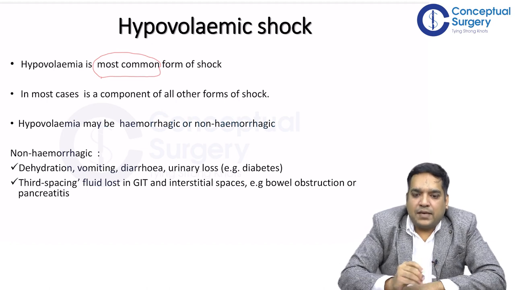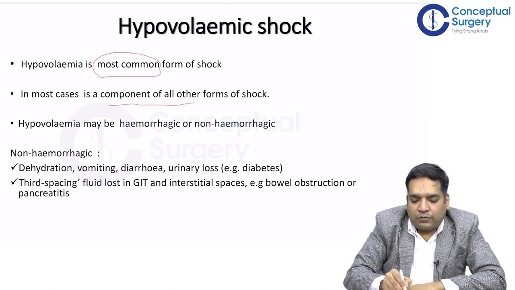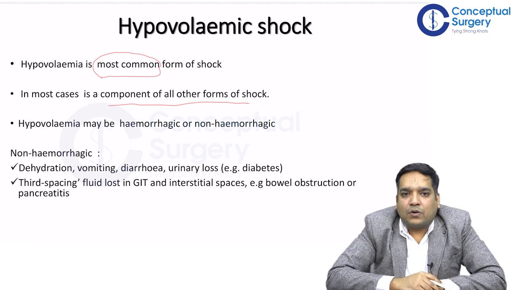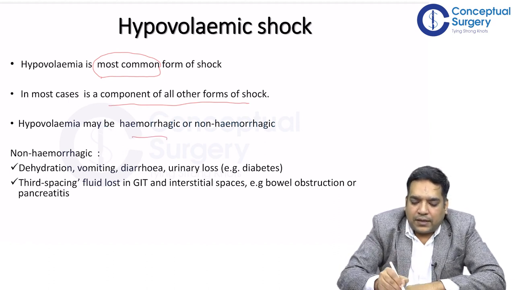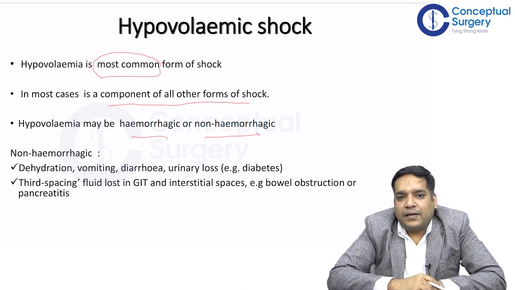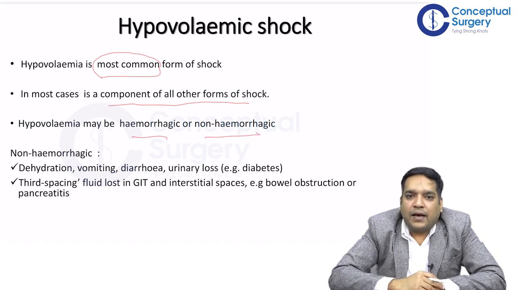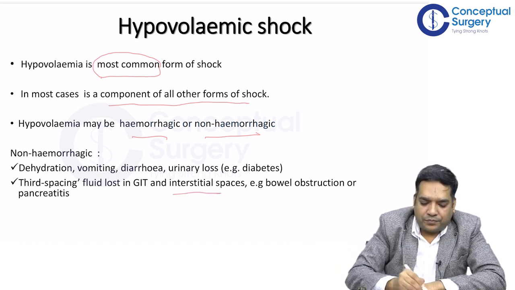Hypovolemia may be hemorrhagic or non-hemorrhagic. Examples of non-hemorrhagic are dehydration, vomiting, diarrhea, and loss through the urine. And there could be third space loss, like in bowel obstruction, where there will be bowel edema and fluid loss in the GIT, and also in the interstitial space in pancreatitis.